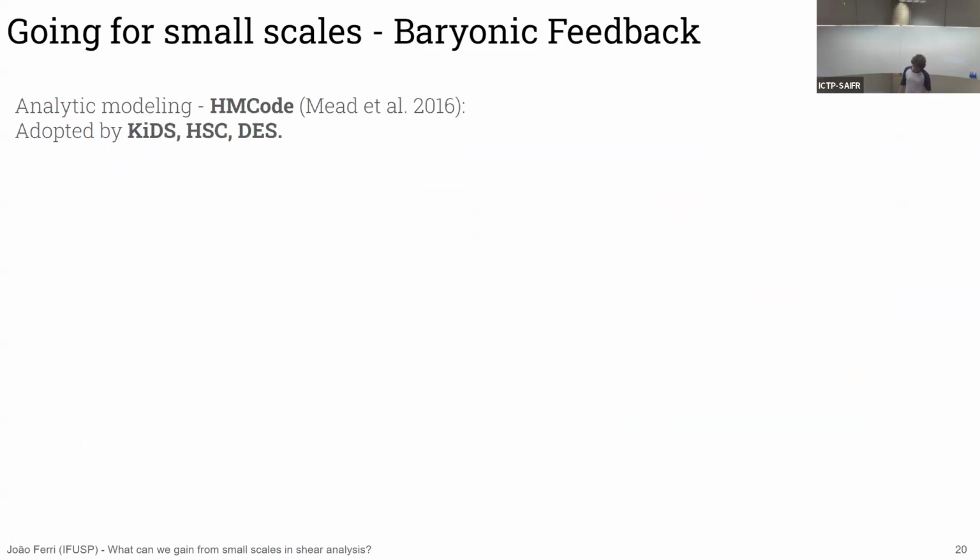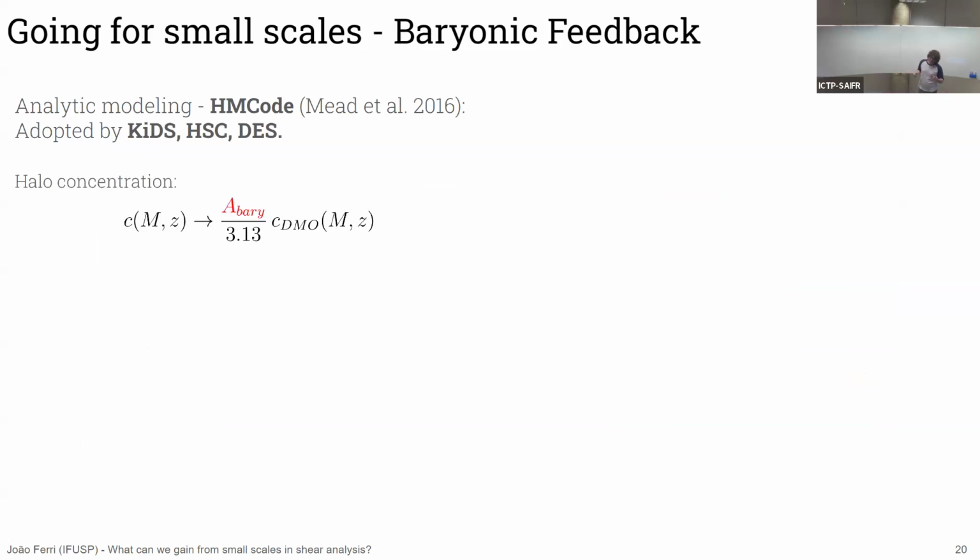So what have people been using in the official analysis? I think the most famous is HMcode, which is an analytical model. It was used by KiDS, HSC, and DES.